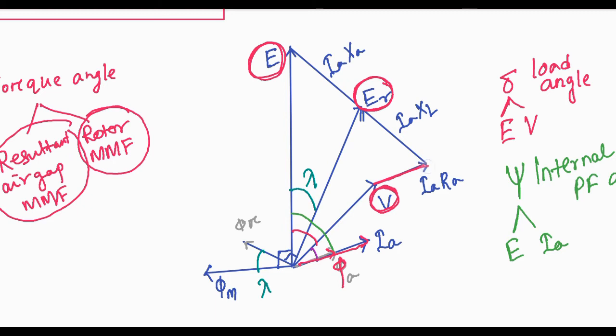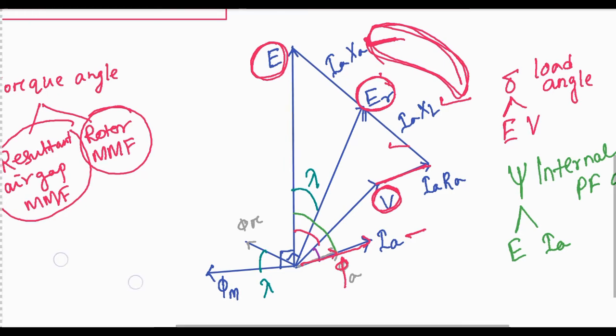This voltage drop is parallel to this current because this is the RA drop, the resistance drop, and this is perpendicular to this one, as this is the reactance drop. This is the leakage reactance drop, and this is the armature reactance drop, and both together are the synchronous reactance drop.